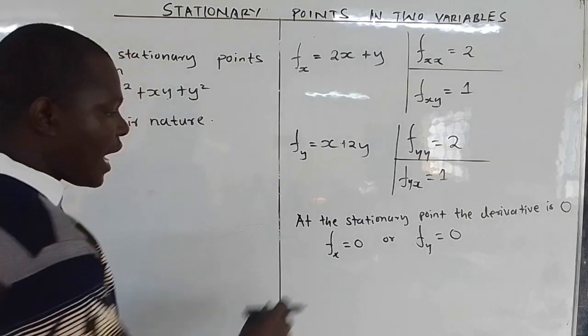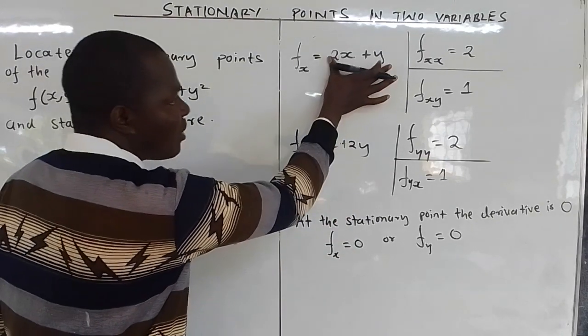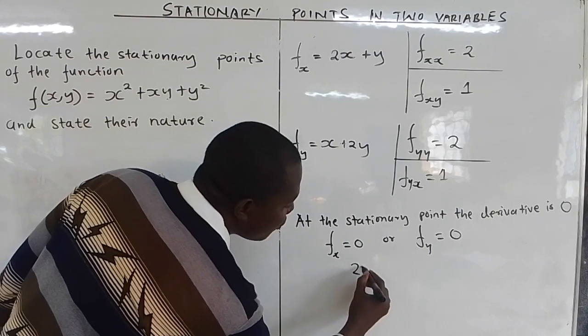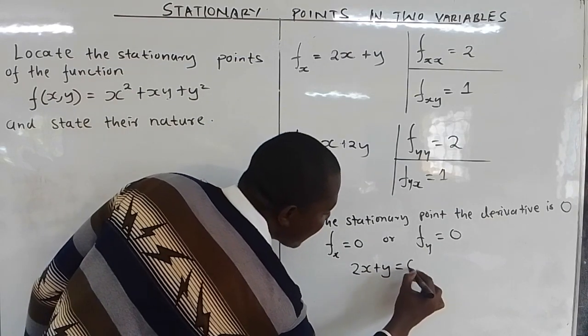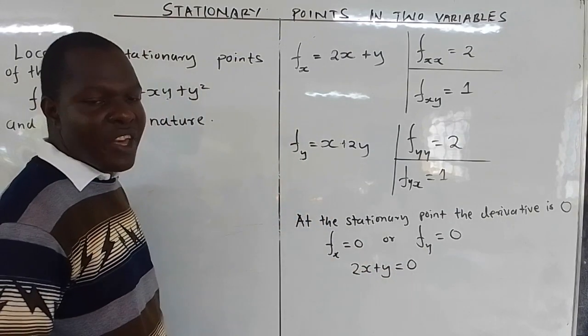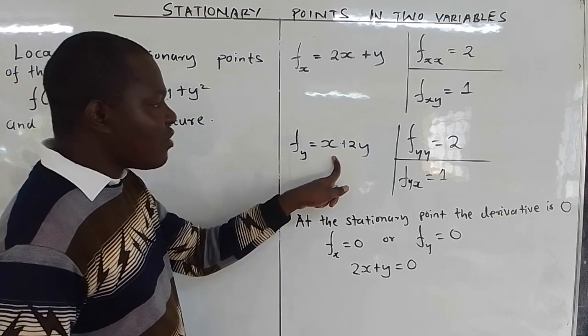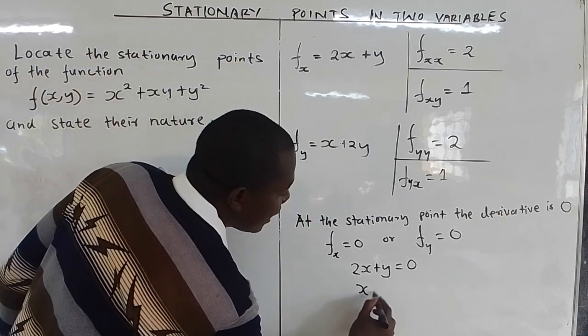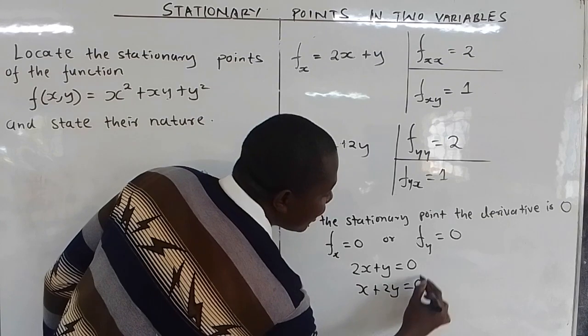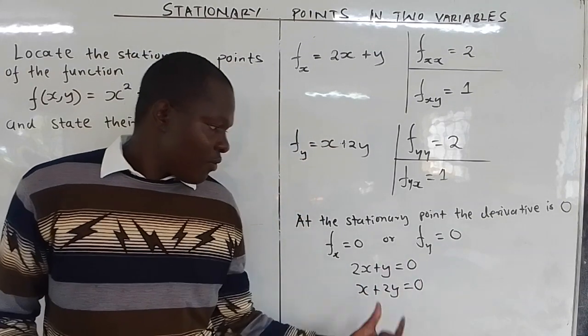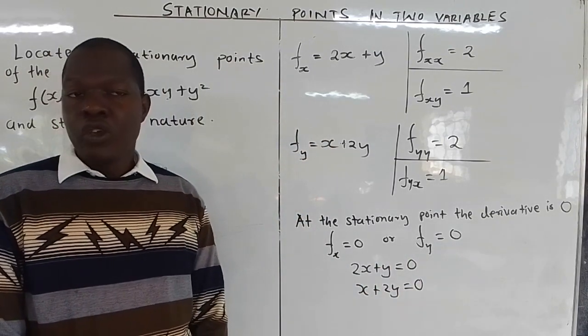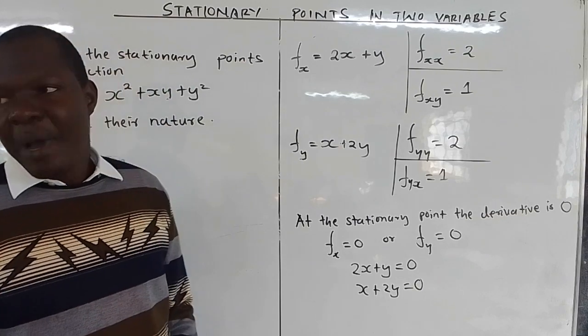So here, this derivative you found to be 2x plus y has to equal 0 for you to determine that stationary point. The other derivative you found was x plus 2y, which equals 0. If you solve this simultaneous equation, you will be able to determine that stationary point.